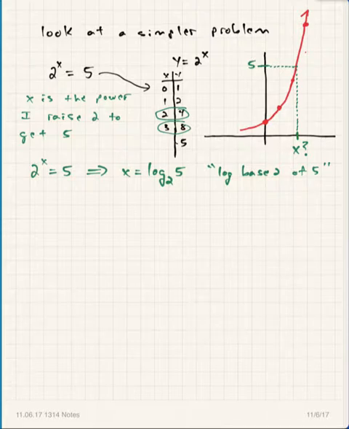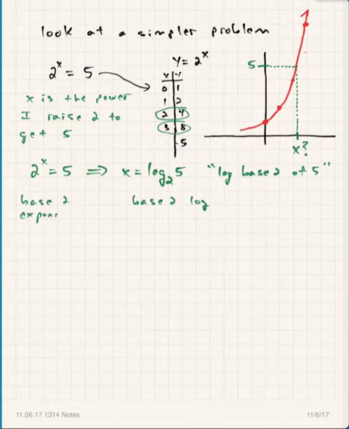And that base of the logarithm is the same as the base on the exponential expression. This is a base 2 logarithm right here, and this is a base 2 exponential expression, and they're the same. What does that log base 2 of 5 represent? Remember what x is right here: it represents the power you raise 2 to get 5.